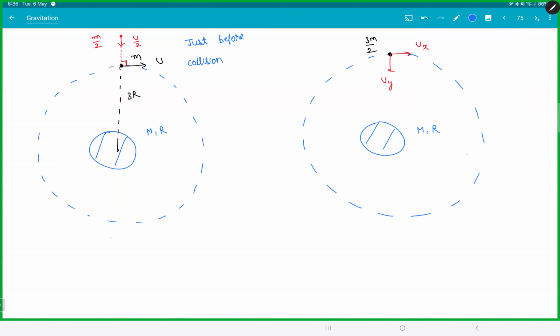So I can conserve horizontal momentum. Initially the horizontal momentum is m into u, and then it is 3m/2 ux. So ux is 2u/3.